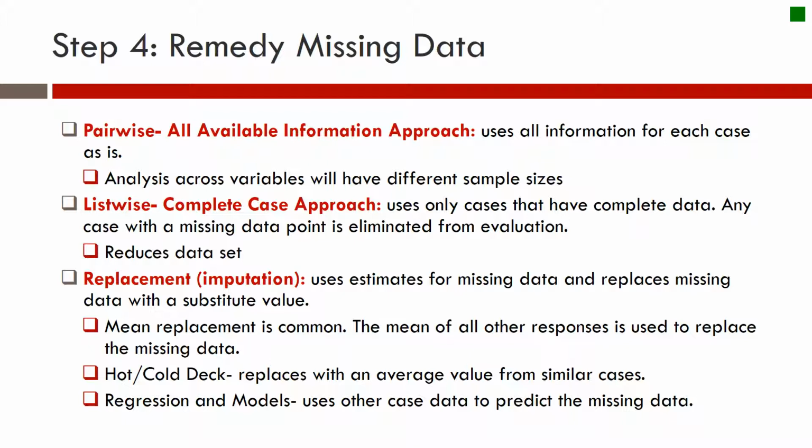So we could create a model to predict what somebody would put in a missing data variable, and then we can input that. We could estimate what that would be and input that. So that's called imputation, when we choose to replace or input a data point for missing data.